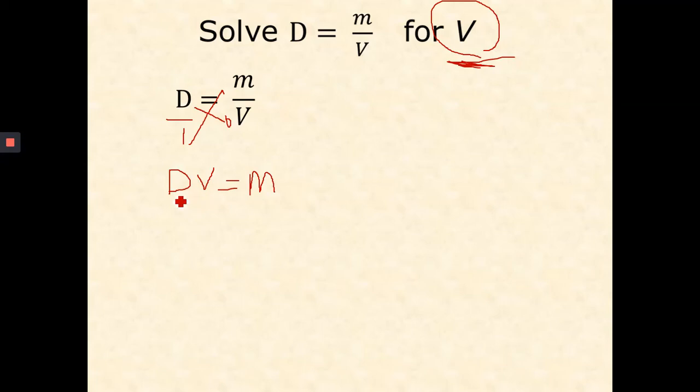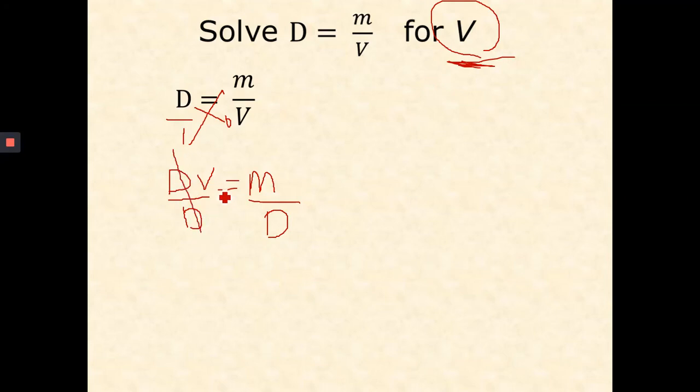So what is the operation between d and v? Multiplication. And what is the inverse of multiplication? It is division. Therefore, we're going to divide both sides of the equation by d, because we are isolating the variable v. Okay? So d divided by d, that is 1.